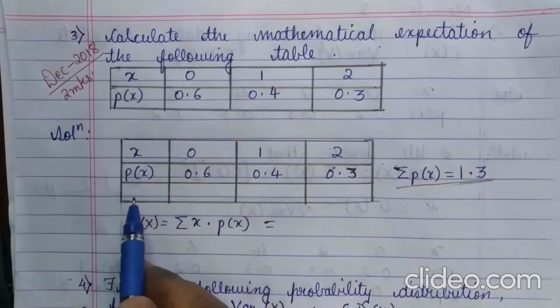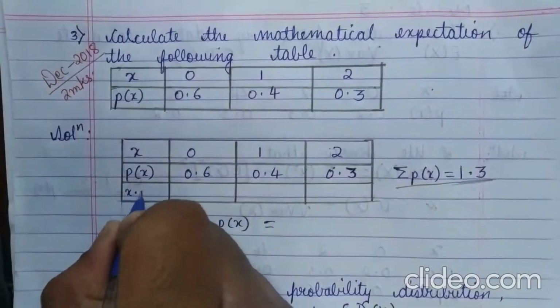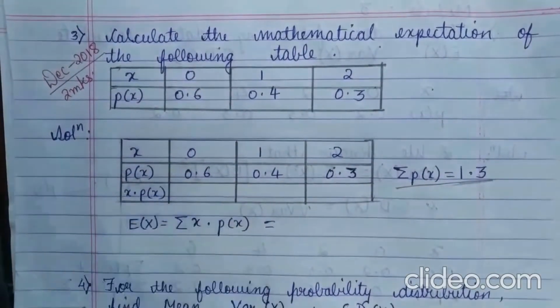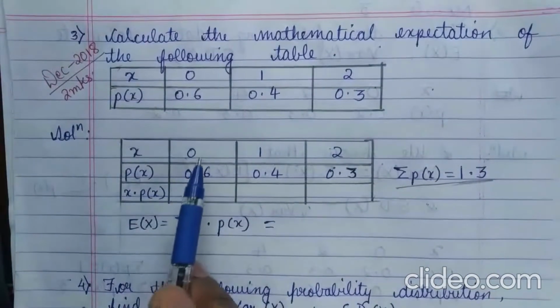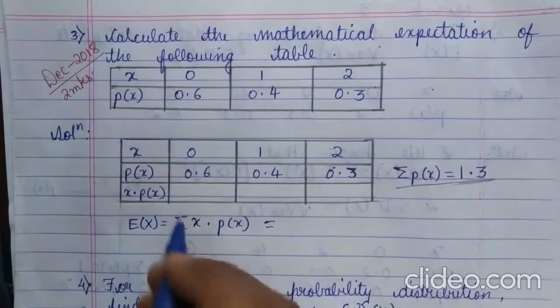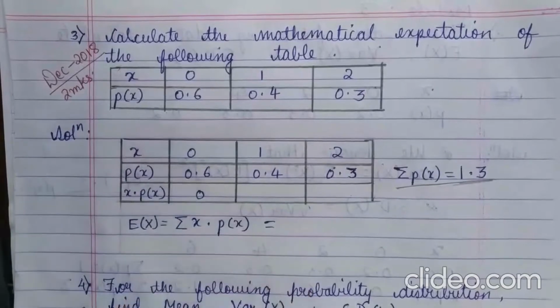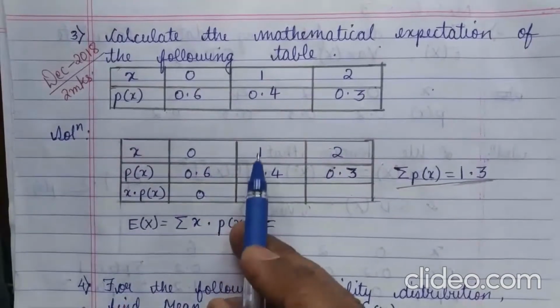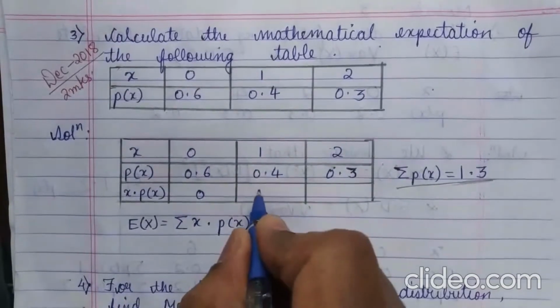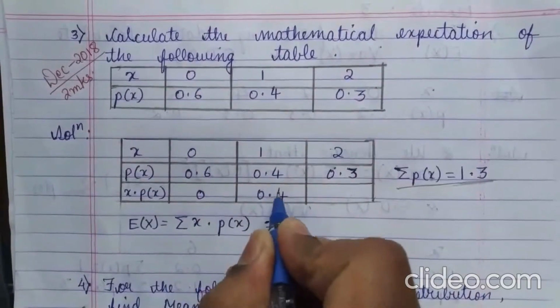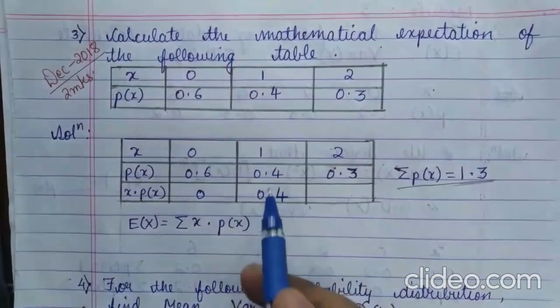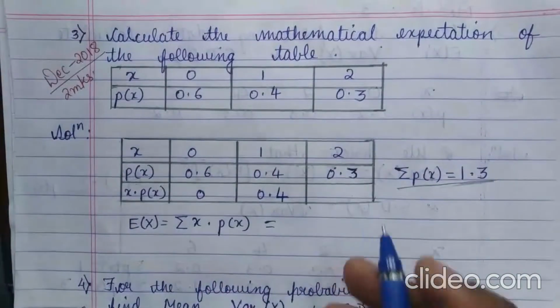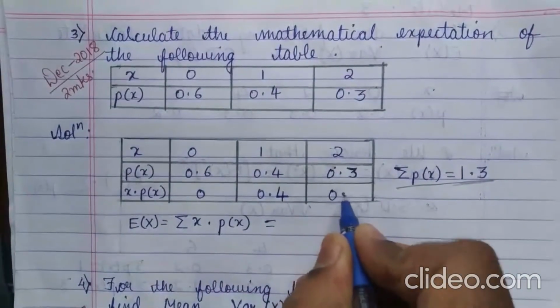Here in this case, 0 into 0.6 is 0. 0 multiplied by any number is 0. 1 multiplied by 0.4 is equal to 0.4. It means 1 multiplied by any number is the same number. And 2 multiplied by 0.3 is 0.6.